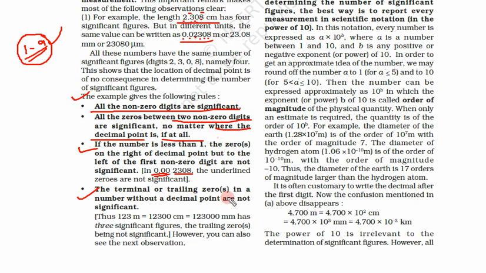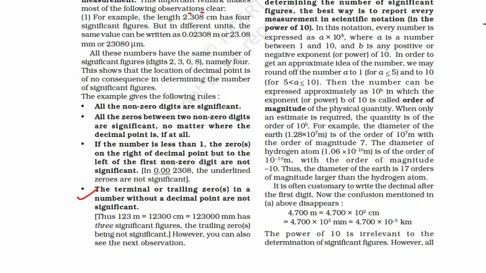Fourth rule: the terminal or trailing zeros in a number without a decimal point are not significant. Suppose we put 0 at the end without a decimal. So 123 meter can be written in centimeter as 12,300 centimeter or as 1,23,000 millimeter.